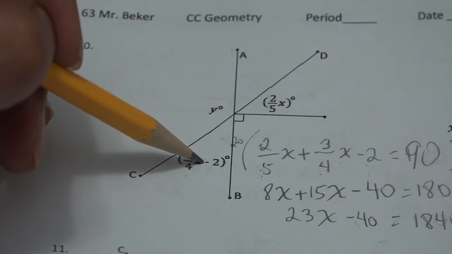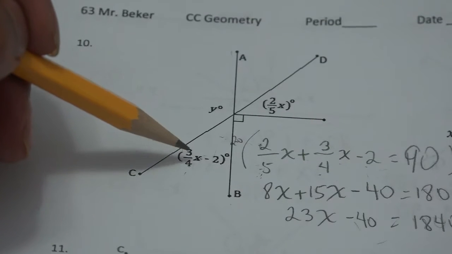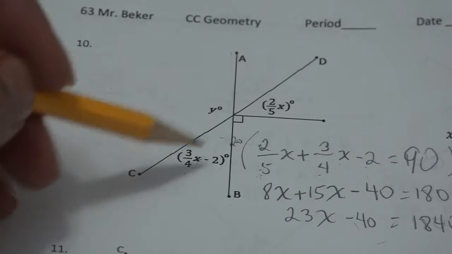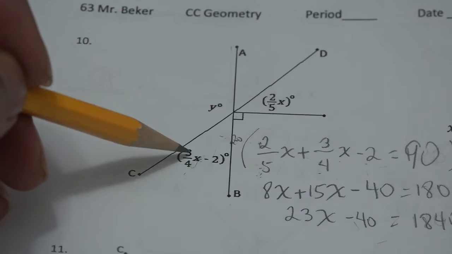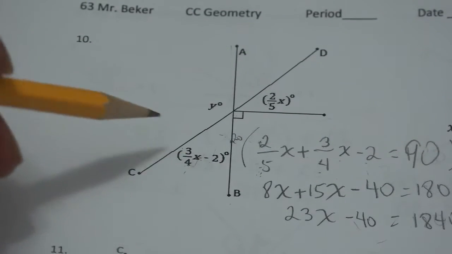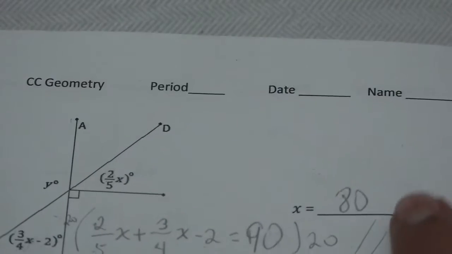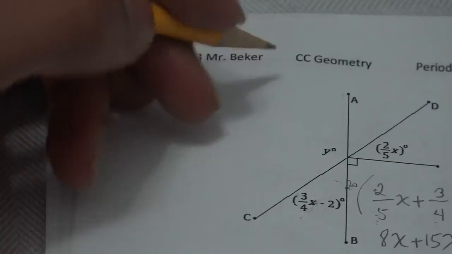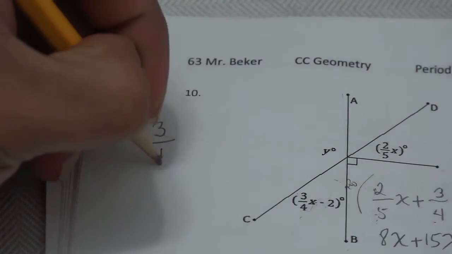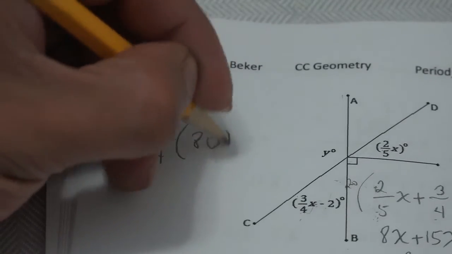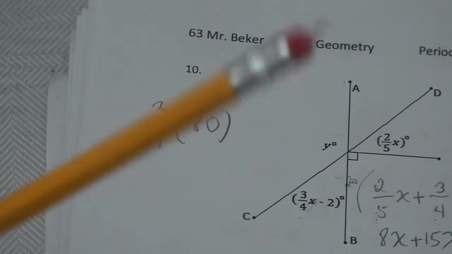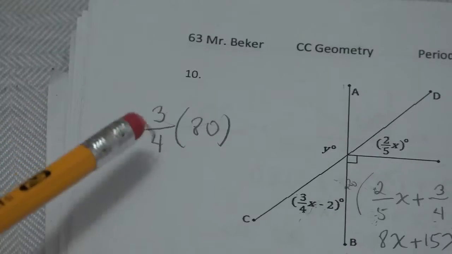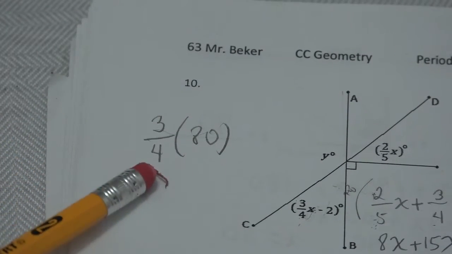This is already, okay, what is the value of here? The value here is 3/4 of x minus 2. That means 3/4 of 80. Well, let's see. What's 3/4 of 80? Remember, 80 times 3 divided by 4, or 80 divided by 4 times 3.